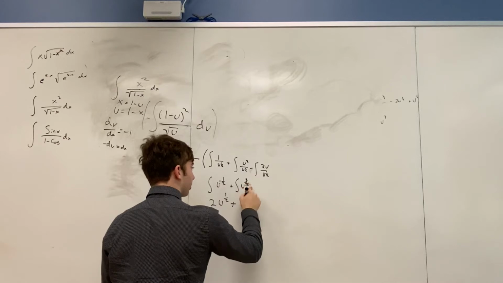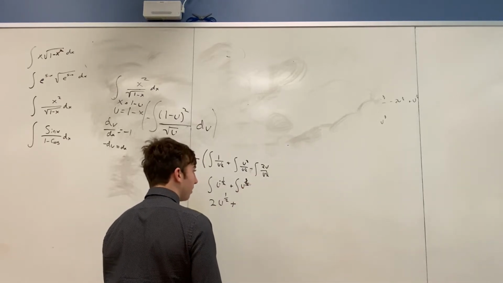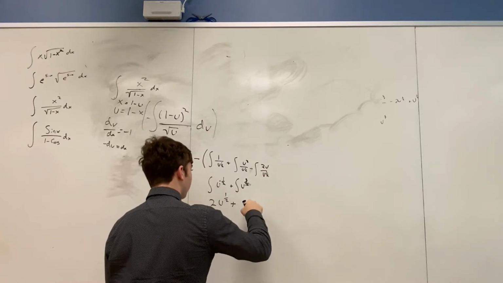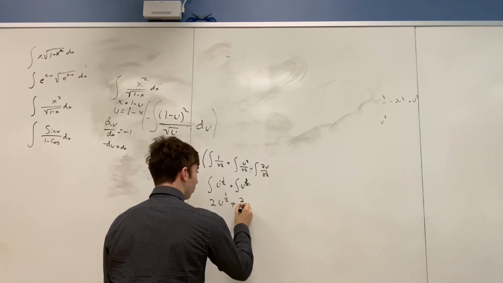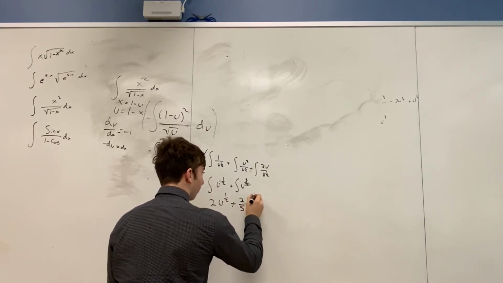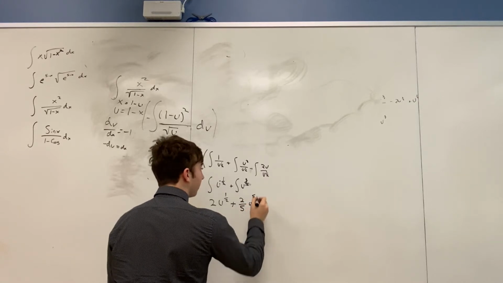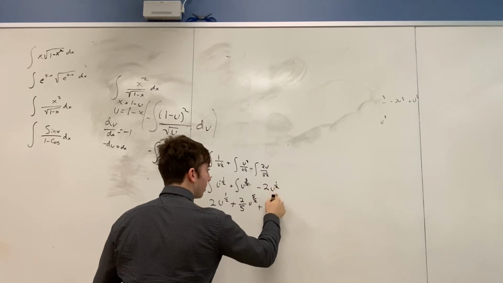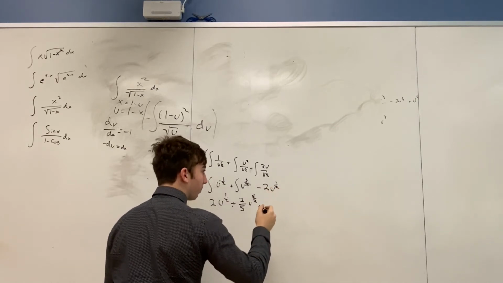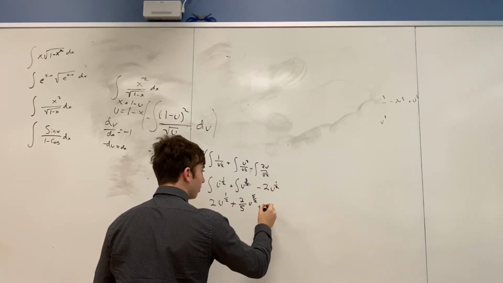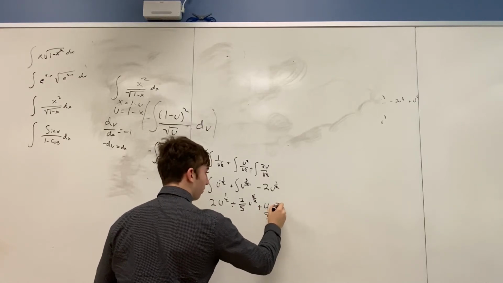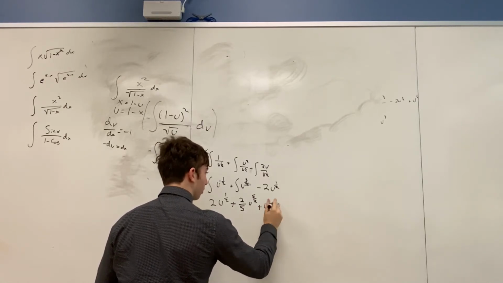We add 1, and that's going to be 5 over 2, and that's like multiplying by 2 over 5, so that's 2 over 5 u to the power of 5 over 2. And finally we have minus 2u to the power of 1/2, and that's just going to be multiplying by 2 dividing by 3, so that's going to be 4 over 3 u to the power of 3 over 2.